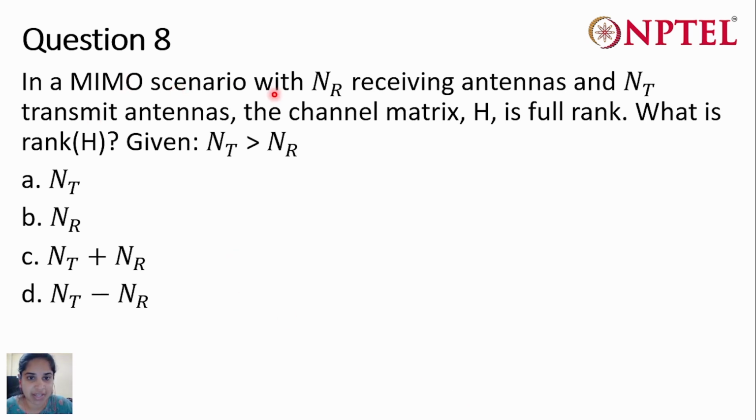In a MIMO scenario with NR receiving antennas and NT transmit antennas, the channel matrix H is full rank. So they've given that we have NR receive antennas, NT transmit antennas. The channel matrix H is full rank. What is the rank of H?